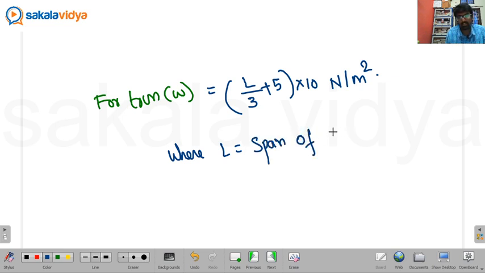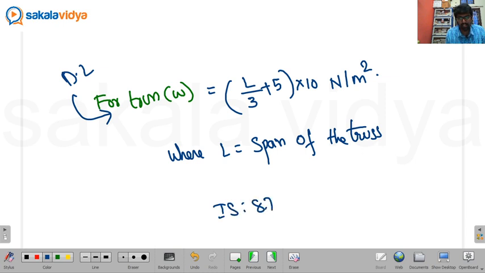This formula is useful for finding dead load of the truss. In order to find dead load of truss, we must follow the code book IS 875 part 1 1987.